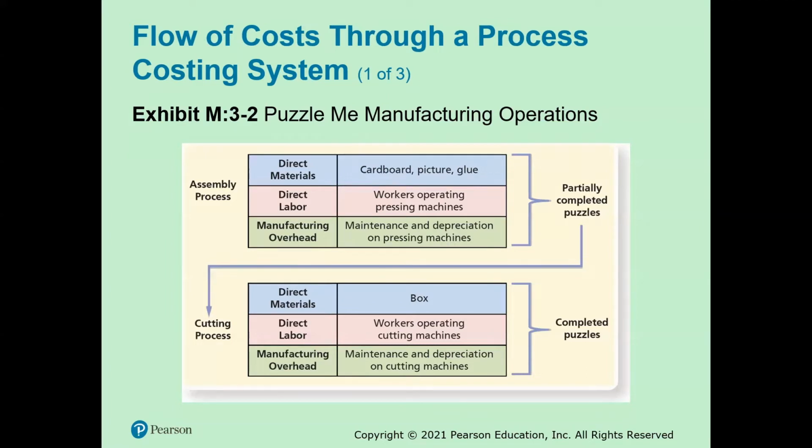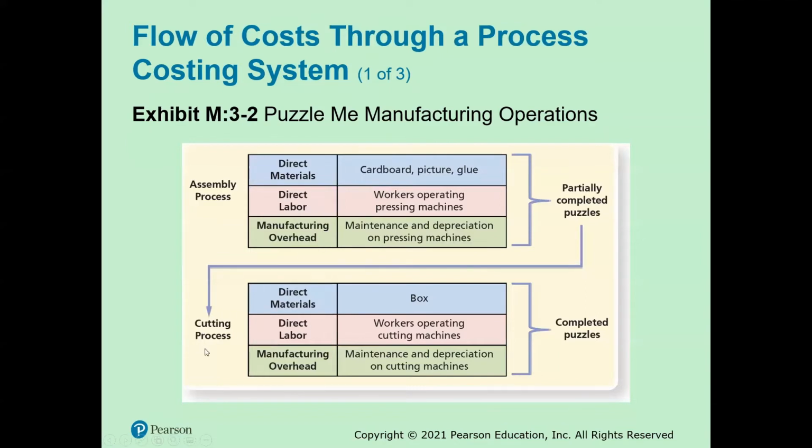The jigsaw puzzles accumulate production costs during each process. The company then assigns these costs to the puzzles passing through that process. So at this company, Puzzle Me, each process is a separate department. Here you see in the assembly process, you have direct materials, direct labor, and then manufacturing overhead.